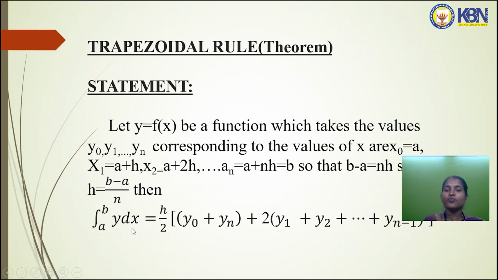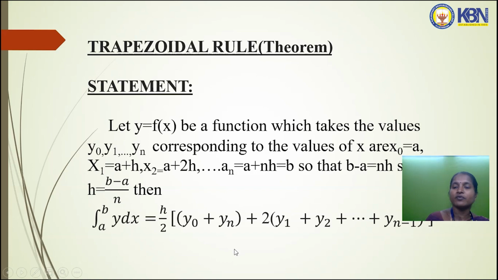Then the formula is: the integral of a to b y dx is equal to h by 2 into y0 plus yn plus 2 into y1 plus y2 and so on up to yn minus 1. This is the formula. We already did one problem using this formula.